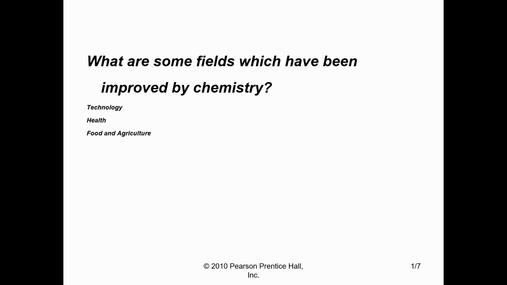When we look at things like genetically modified organisms, things that can help increase the growth of crops and make crops grow at a faster rate and in larger amounts, these are all different chemicals that have been developed to assist in the food and agricultural industry. Also, there are different types of chemicals that are used to prolong the shelf life of different foods so they can be distributed to a larger amount of people.